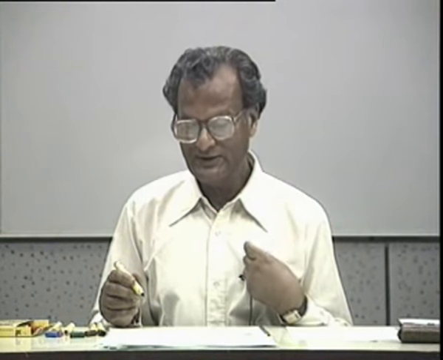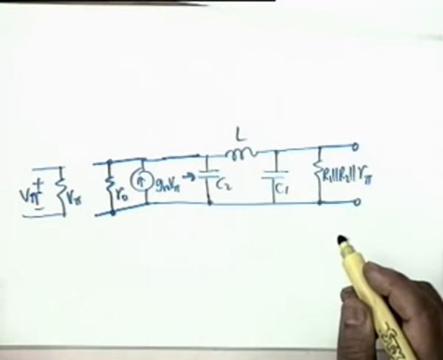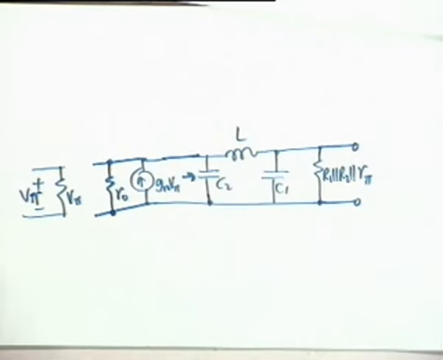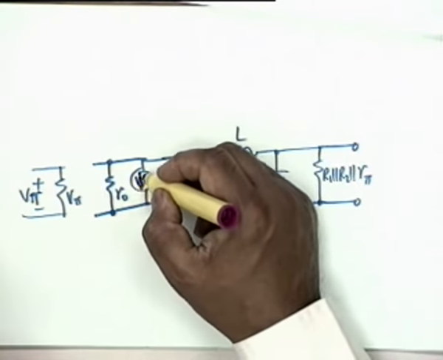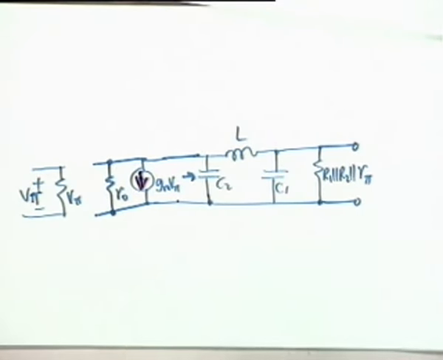Is the position of L okay? Yes, it is okay. It lies between the two capacitors. But the direction of current is on the, oh, I have made a mistake. Otherwise it would not work because we wanted an inverting amplifier.